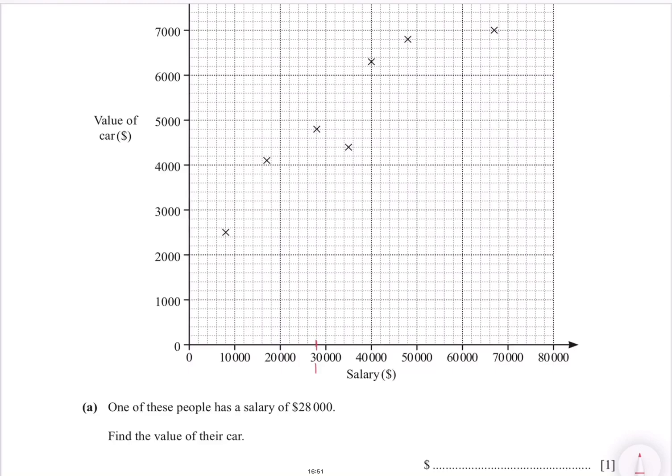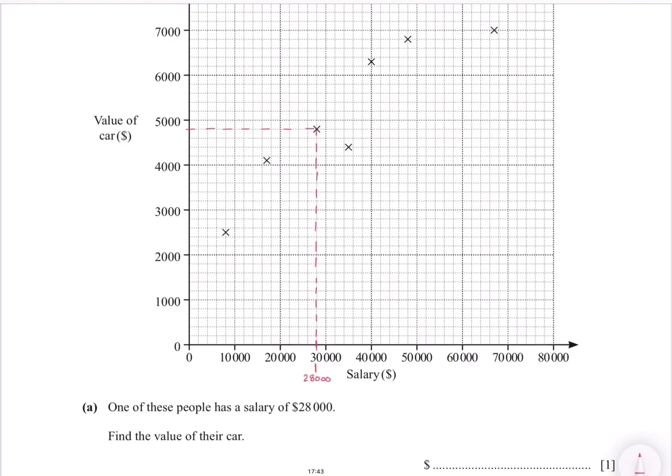Here each small block represents 2,000: 20,000, 22, 24, 26 and 28. So go to the cross and from here go to the corresponding value on the y-axis and read it.